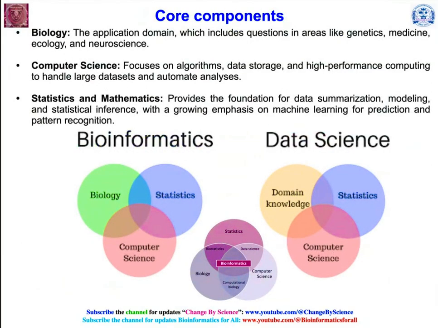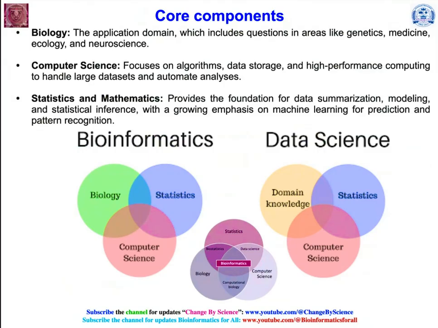So the core components are here: biology, computer science, statistics, and mathematics. So the biology here, I do not need to tell you which field you require, but definitely you need to understand genomics, proteomics, metabolomics.